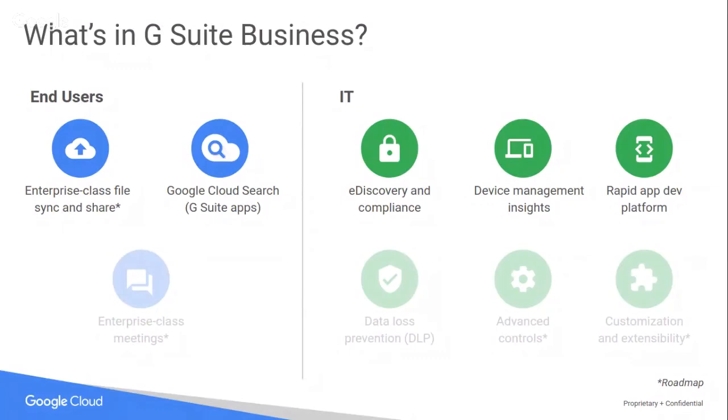What GSuite Business offers is enterprise class file sync and share, which is nothing but Google Drive, Google Cloud Search, which is one of my favorites. I'm going to talk in detail in further slides. eDiscovery and compliance, which gives you an option for a data archival solution, backup and archival solution, device management, and a rapid app dev platform.